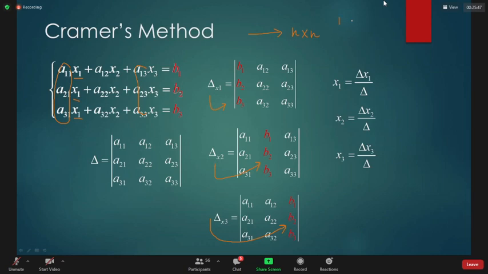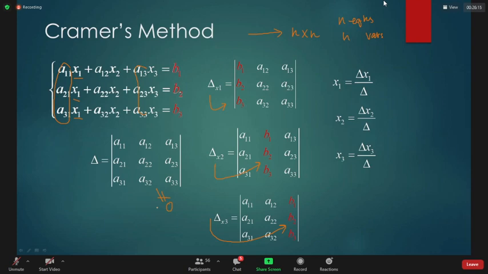That is, if we have n equations and n variables. If the number of variables and equations is the same, and if the system determinant is not equal to 0. If the system determinant is equal to 0, we have to do something else. This method will not give you solutions.